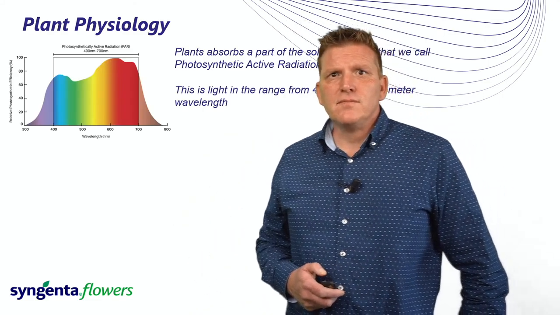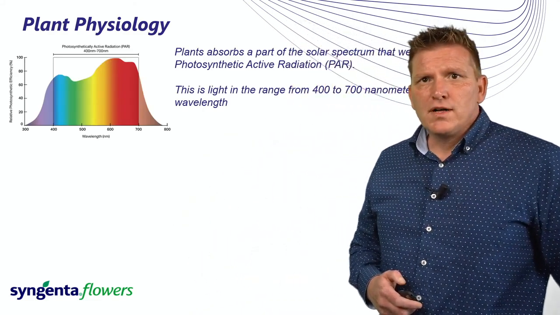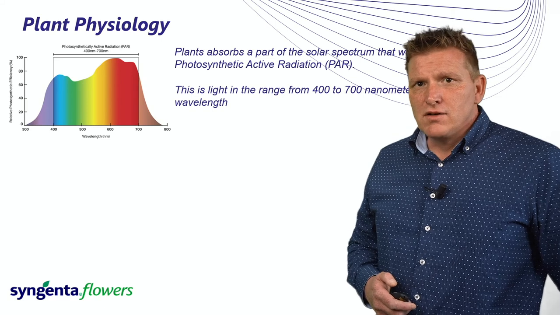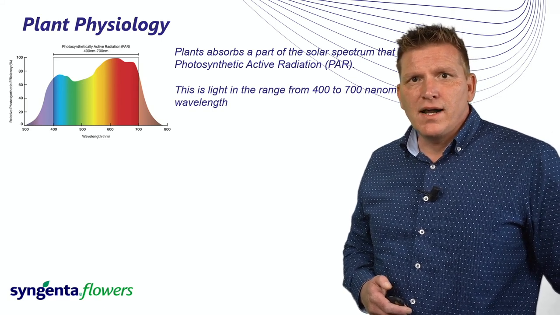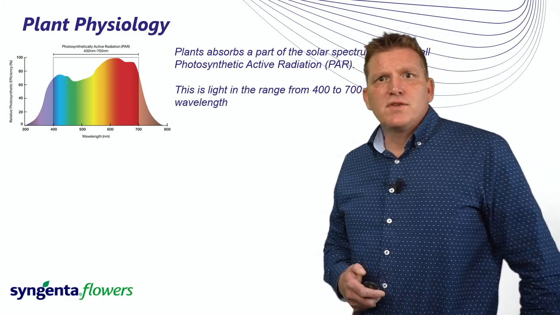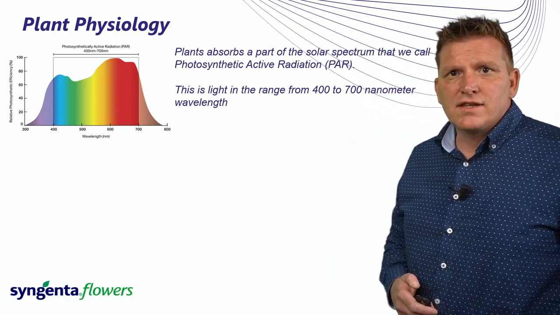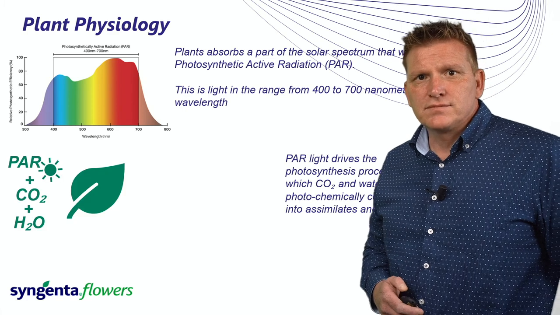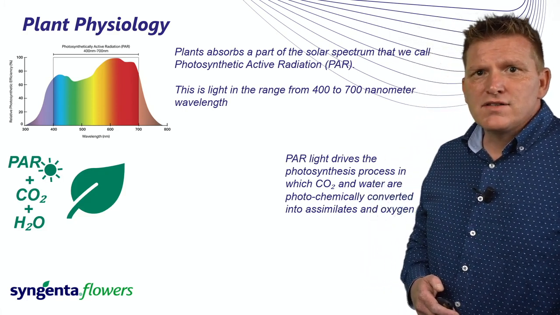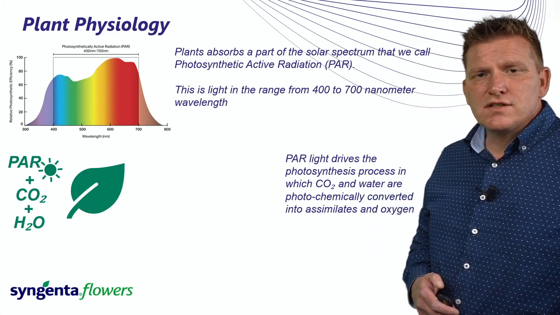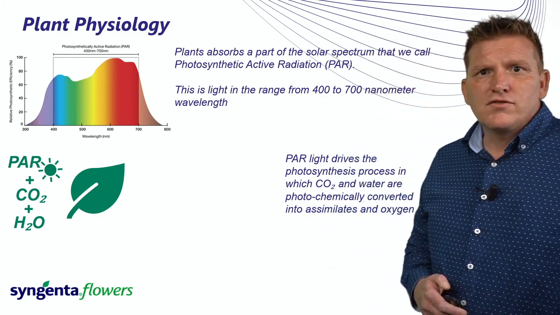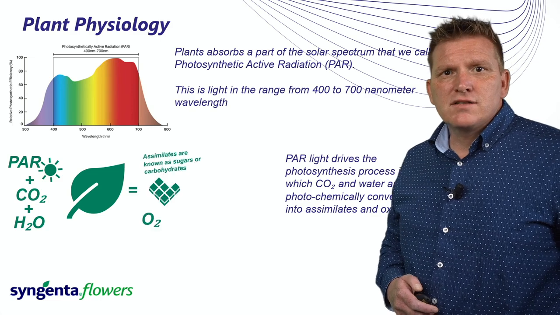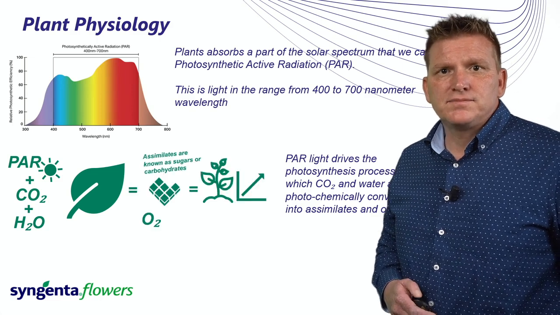So, some plant physiology. Plants absorb a part of the solar spectrum that we call photosynthetic active radiation, PAR. And that is the light range between 400 and 700 nanometer wavelength. And PAR drives the photosynthesis process in which CO2 and water are converted into assimilates and oxygen.